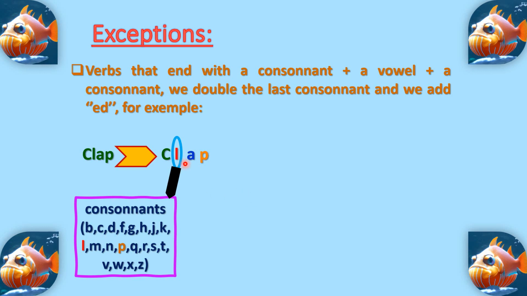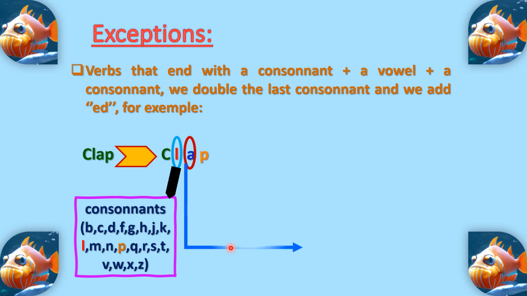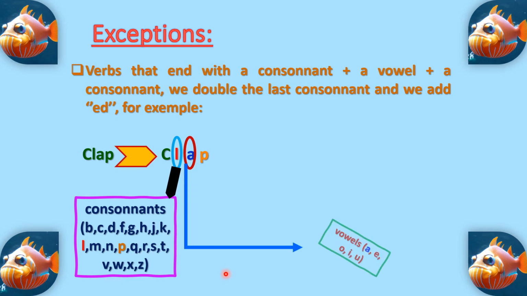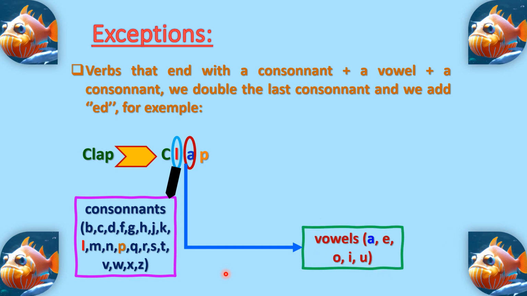L is a consonant, and P also is a consonant. And A, what is A? A is a vowel. And vowels in English are A, E, O, I, and U.